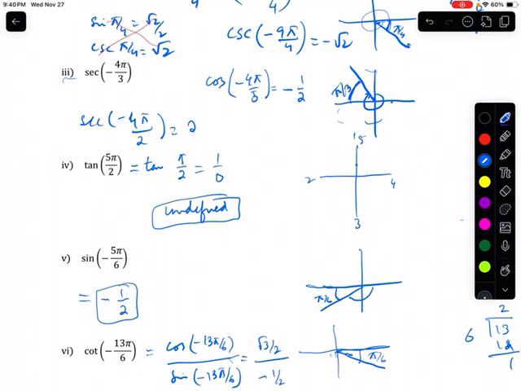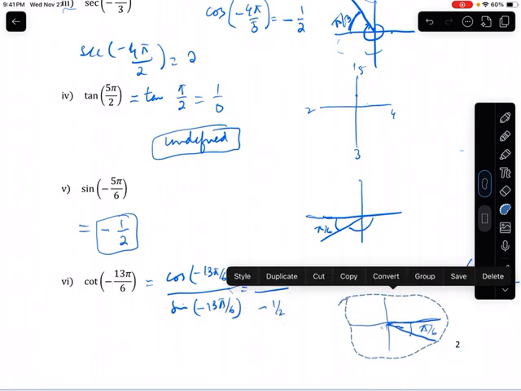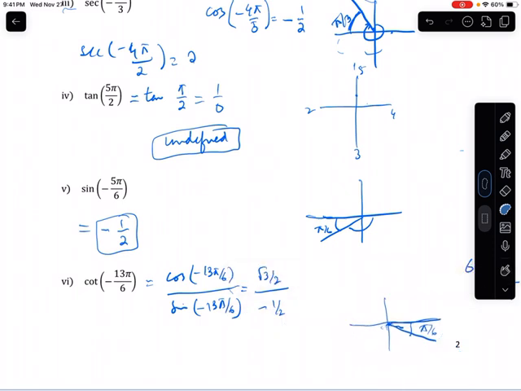So the answer will be negative square root of 3. Okay, so this is how we do these problems.